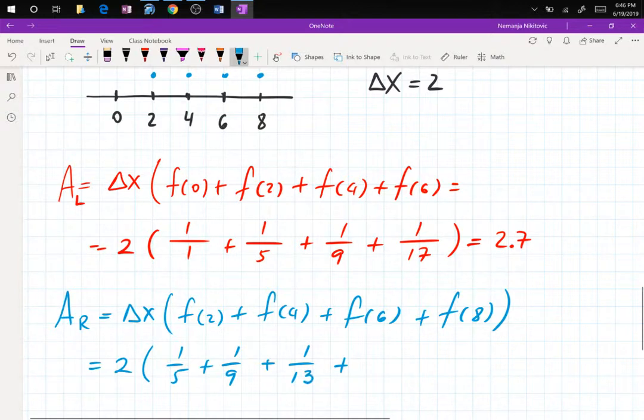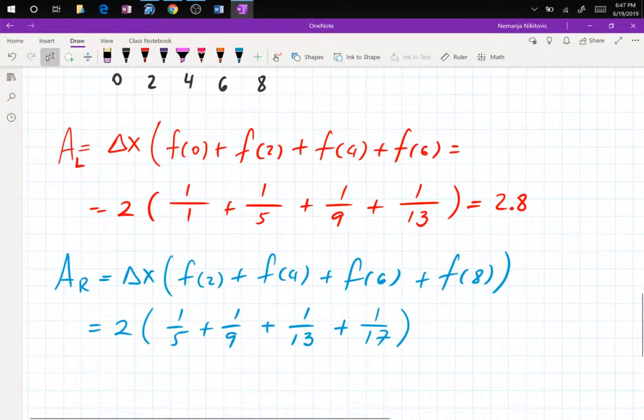I made a mistake. This is supposed to be 13. I have to calculate everything from scratch. Well, it looks like we'll go with 3 decimals and then we'll cut down. It's close.